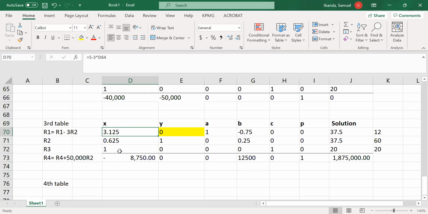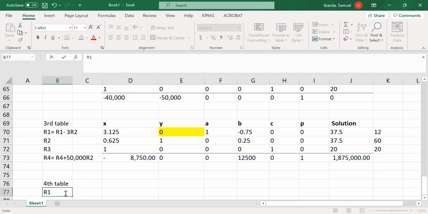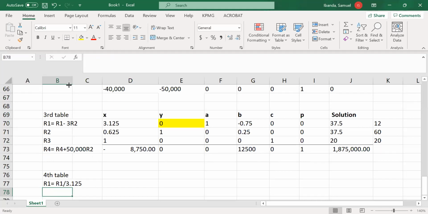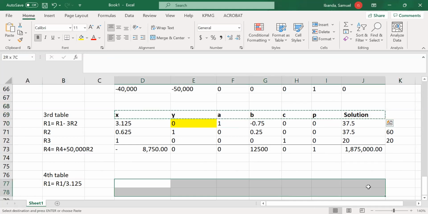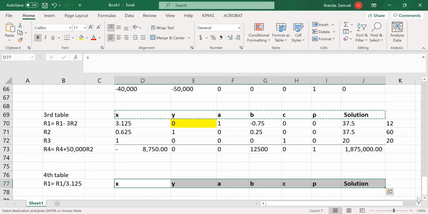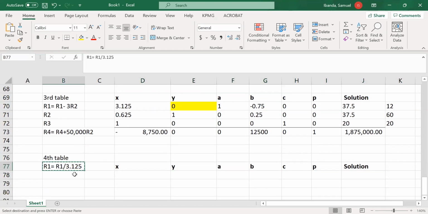So we are going to divide row 1 equals row 1 divided by 3.125. We are going to divide across by 3.125, so we are going to make this 1. So I'll just write this here. This one is supposed to be down here. So this will be 1.